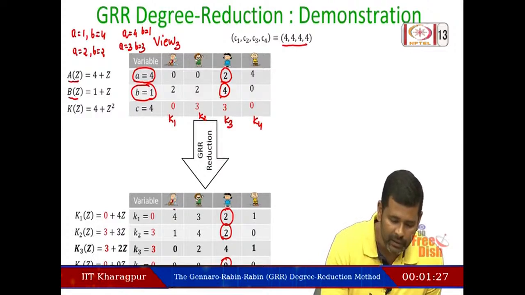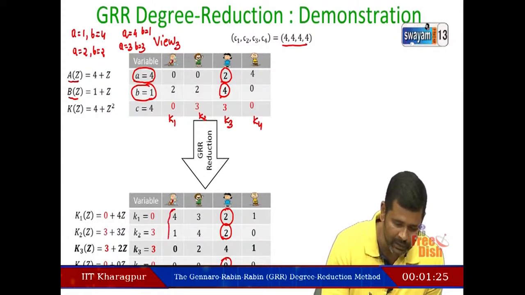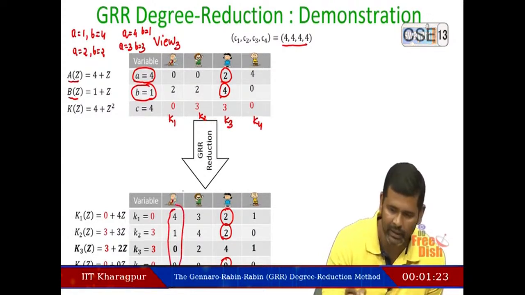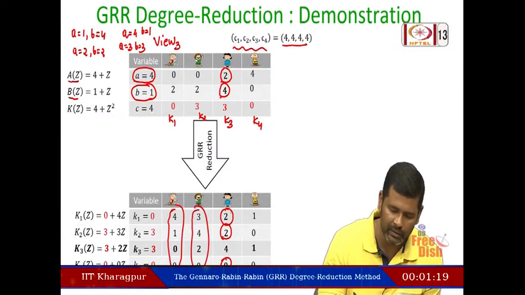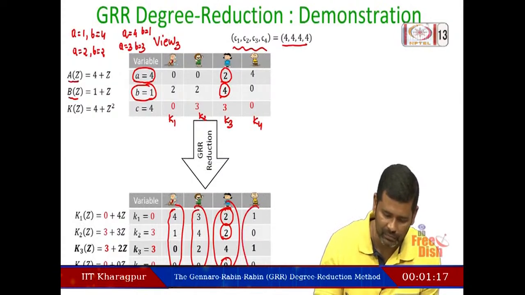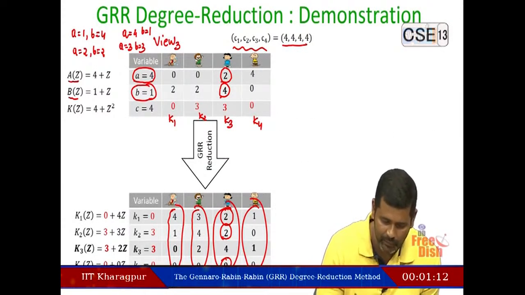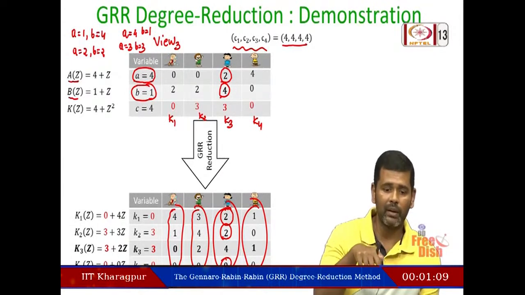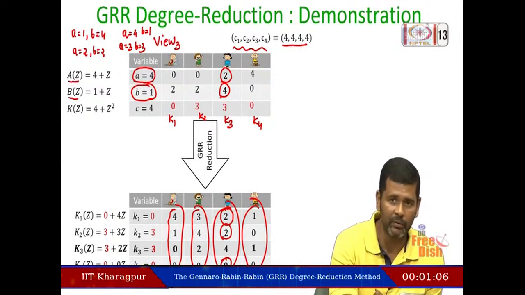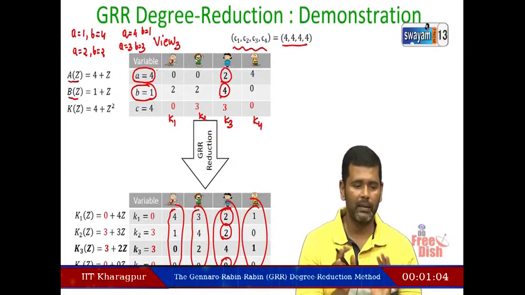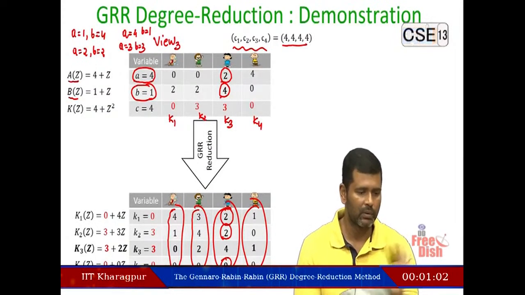And now the corrupt P 3 will check whether the Lagrange linear combination of these shares of K 1, K 2, K 3, K 4 gives you these values, and the answer is yes. That is quite possible. Without degree reduction, based on the view 3, corrupt P 3 was able to throw away certain values of AB.